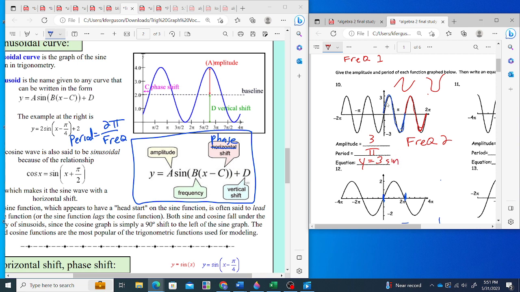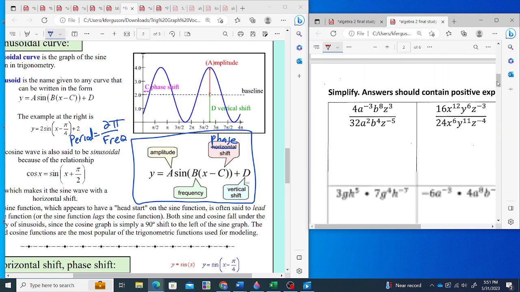And then the frequency, that's my B, the frequency is 2 because I've got 2 graphs between 0 and 2 pi, or 2 waves, or 2 cycles. So that's 2 and then x. There is no phase shift or vertical shift in this case. And I don't think you're going to see one, but hey, whatever. So there you go. So I would write this down.